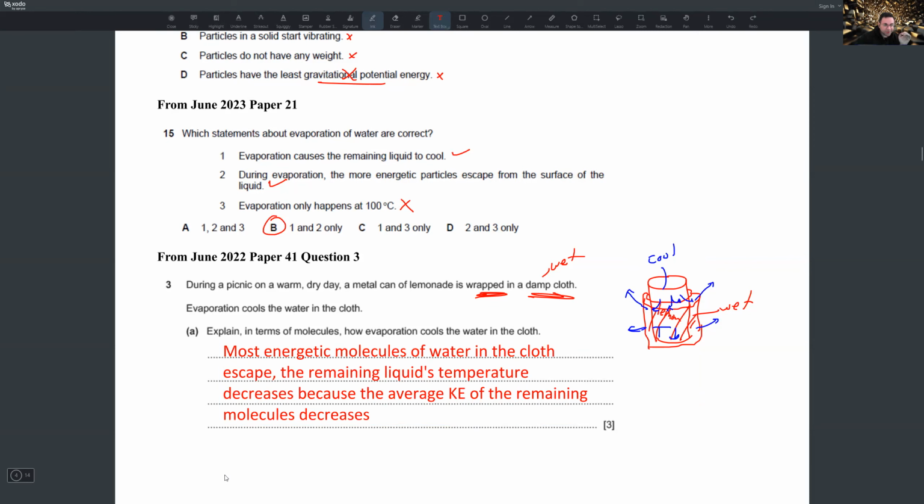I described evaporation quickly: most energetic molecules escape. Then I described that the temperature of the remaining liquid decreases because the average kinetic energy of the remaining molecules decreases. So we talked about the ones who escaped, the ones who remained, and the temperature of the ones who remained. So obviously the cloth cools down.